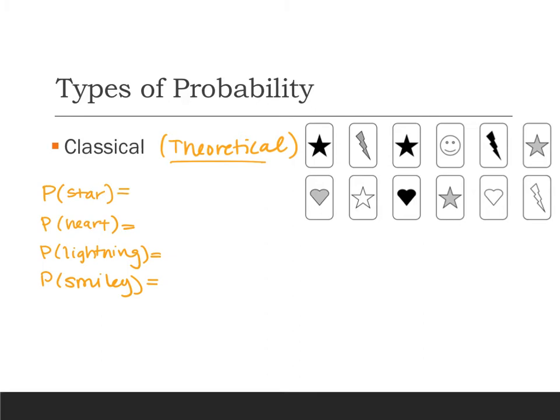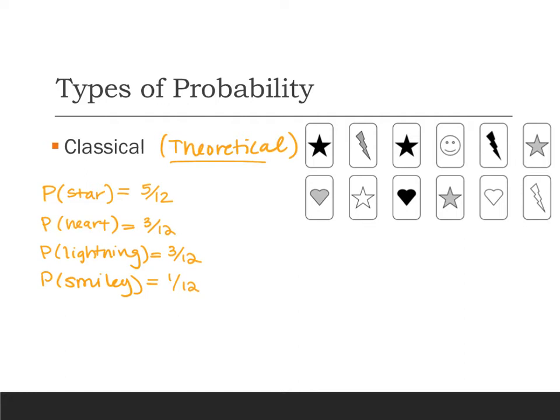Probability of getting a star would be 5 out of 12. Probability of getting a heart would be 3 out of 12. Probability of getting a lightning would be 3 out of 12. And the probability of getting a smiley would be 1 out of 12. Well, let's look at our rules of probability. Of course, everything is between 0 and 1.